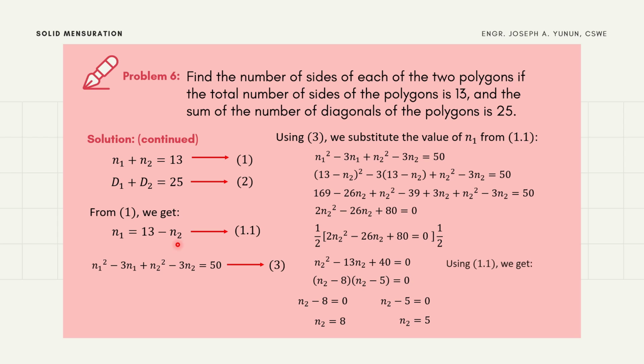So using equation 1.1, n1 is equivalent to 13 minus n2. Let us consider 8: 13 minus 8 gives us 5. Similarly, if you use 5, 13 minus 5 gives you 8. Therefore, the possible answer for the number of sides of each of the two polygons is 5 and 8.